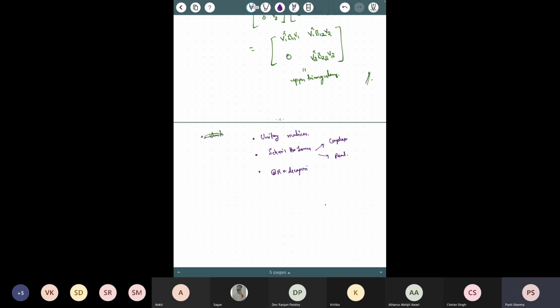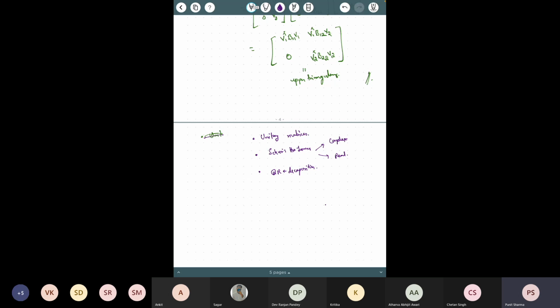And then we have seen QR decomposition also. QR decomposition we have seen the proof in several ways. One can prove it using Gram-Schmidt. One can prove it using arguments of analysis. One can prove it using rotators and also reflectors, at least when the matrix is a real matrix.